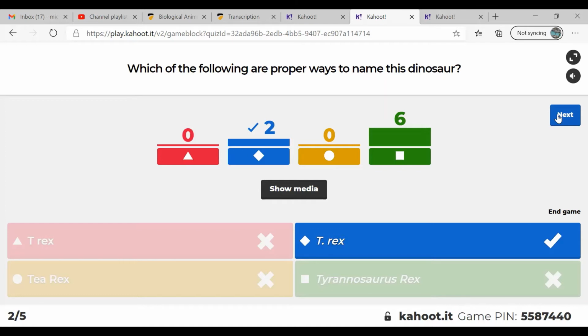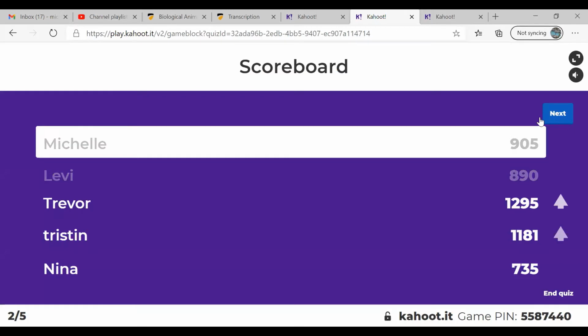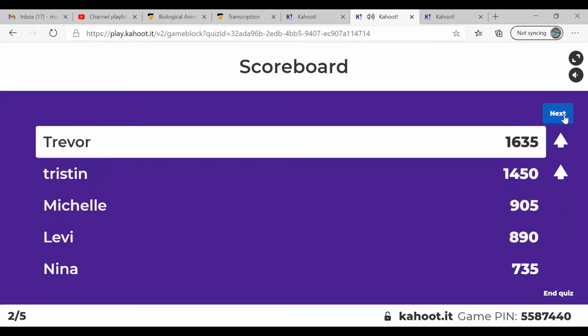It's in italics, so that's essential. And it's abbreviated properly. And notice that the genus is capitalized and the species has a lowercase letter. That's why the one in the green is incorrect, because the species has a large R, and it should be a little lowercase r. So shift up the results a little bit.